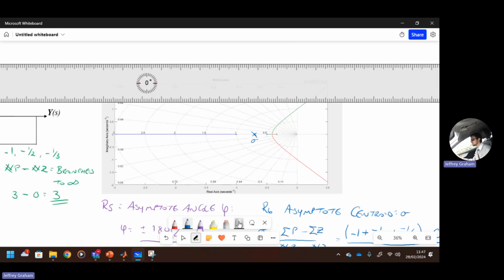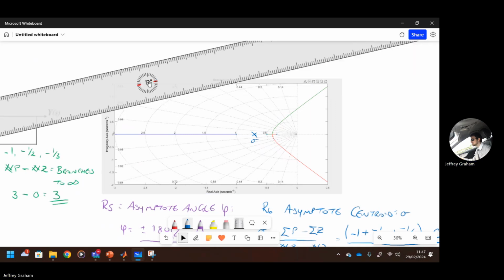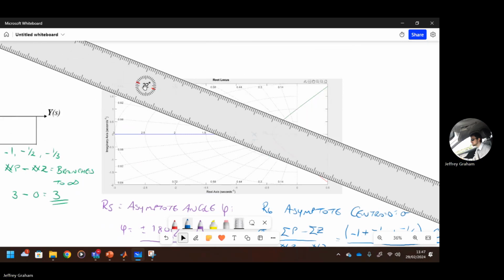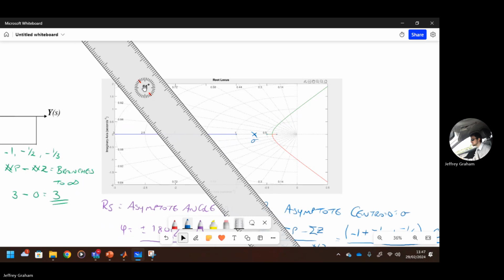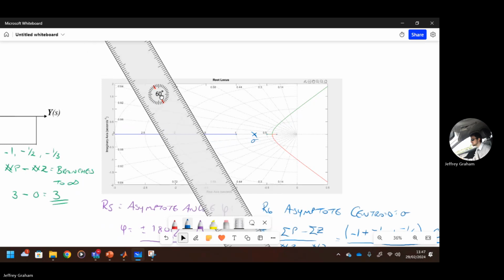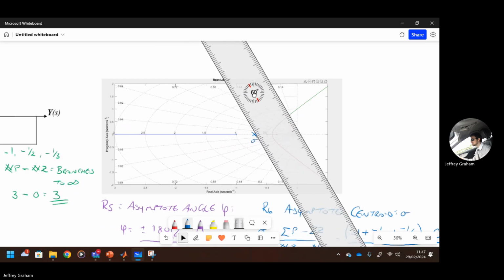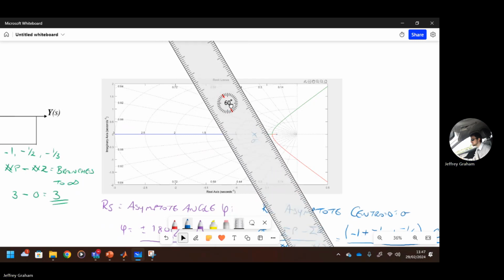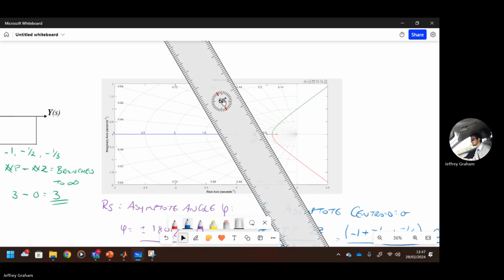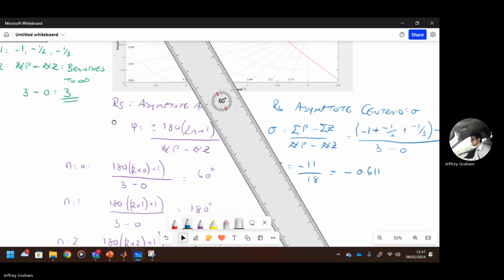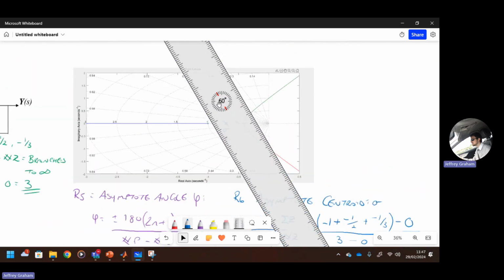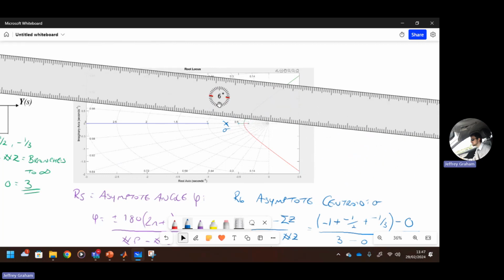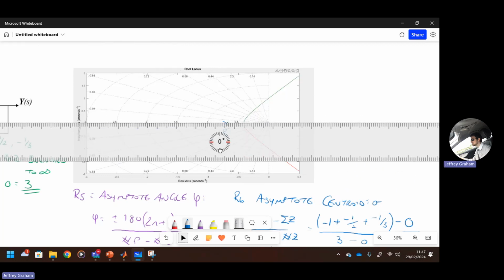So we had 3 asymptotes. Right, I'm a bit off with my centroid here. The 180 is the easy one. So at 180, there we are.